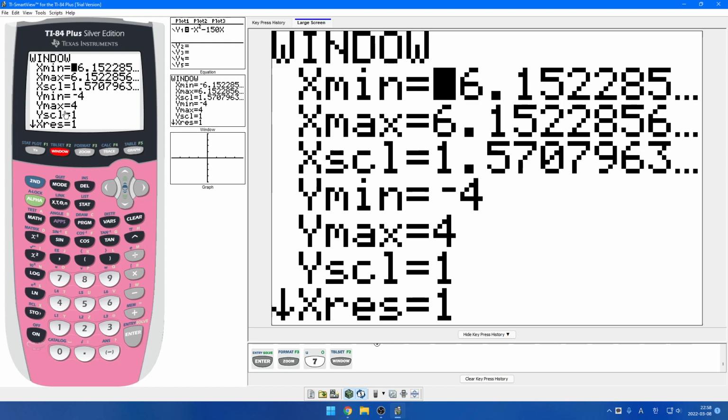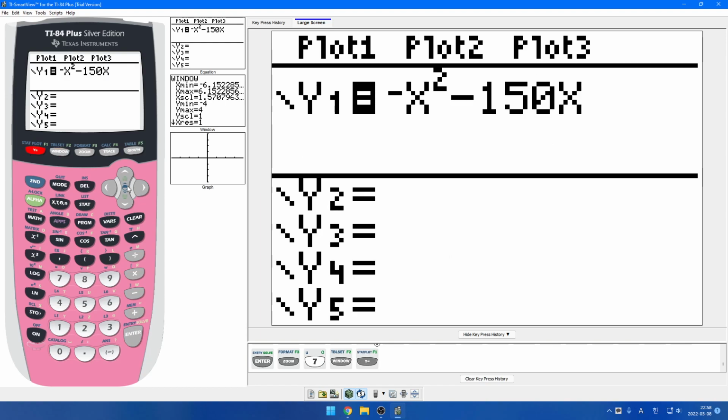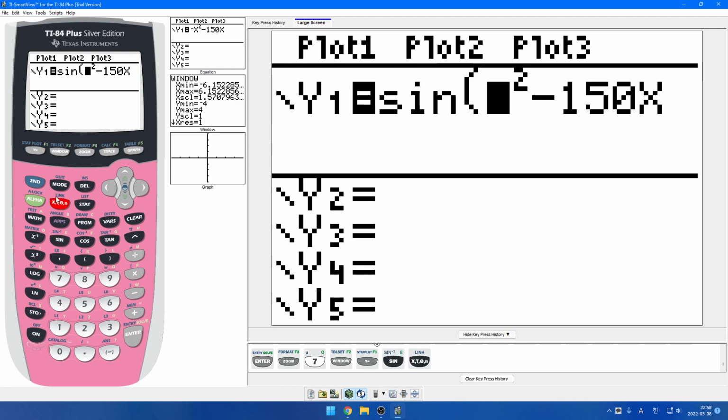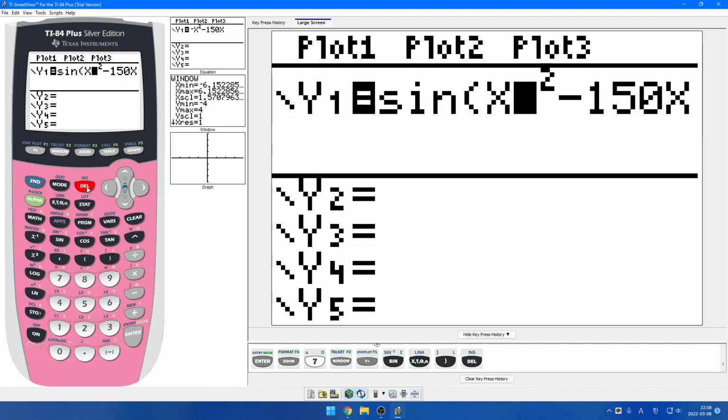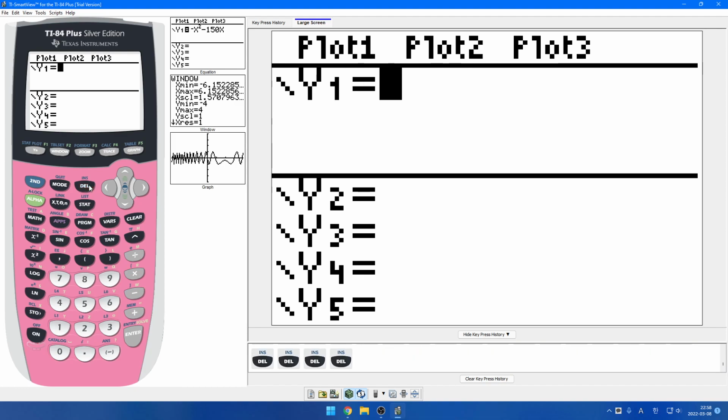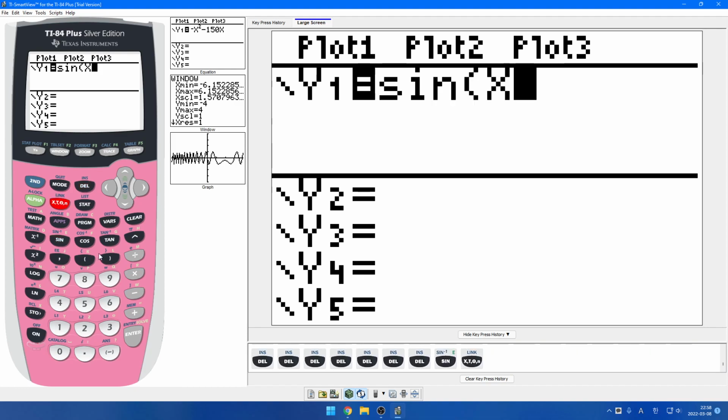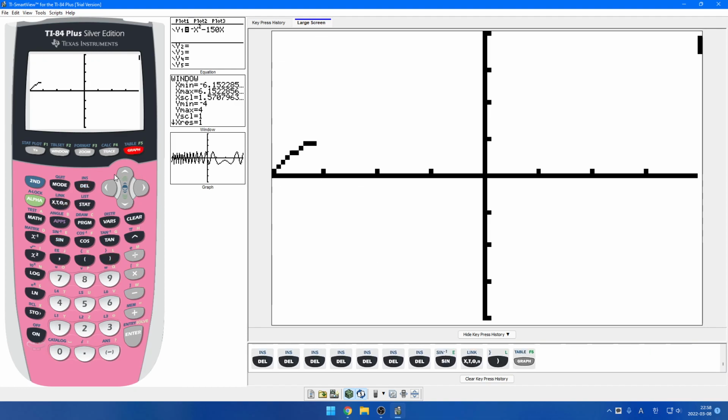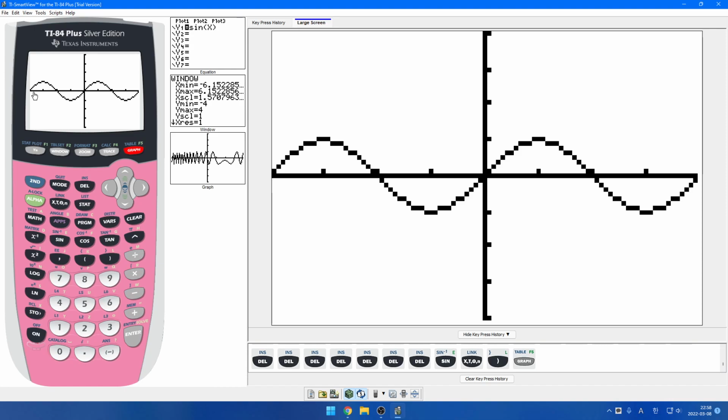Also, my y-min goes to negative 4 and y-max equals 4. So let's try something like y equals sine x. Let's try again, sine x. I can see that it follows very nicely, from negative 2 pi to positive 2 pi.